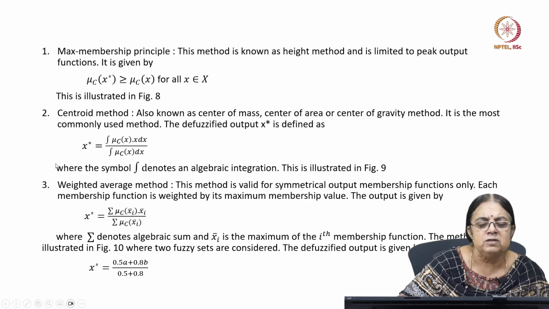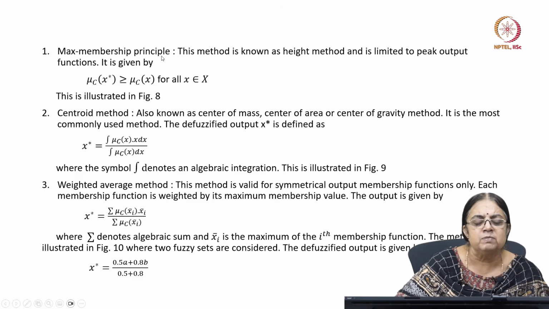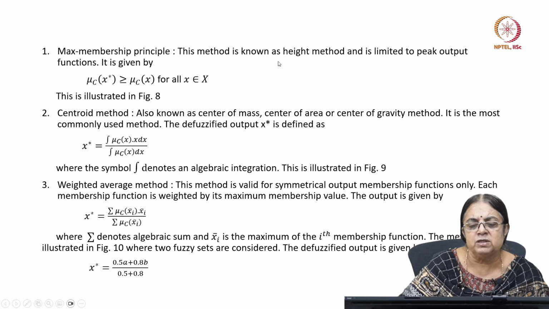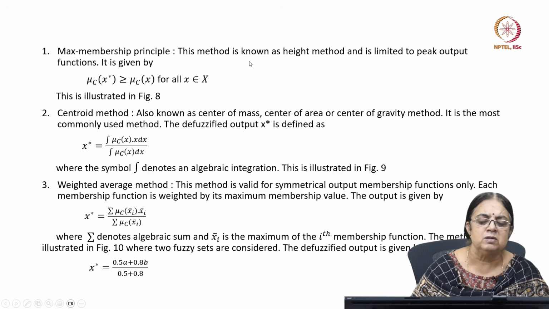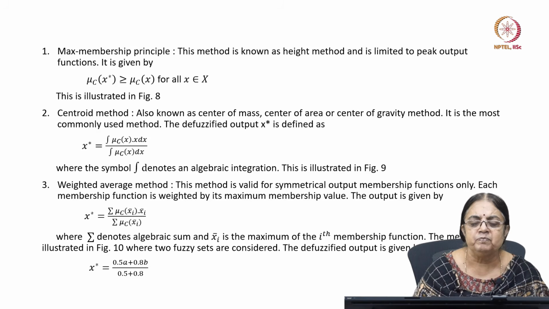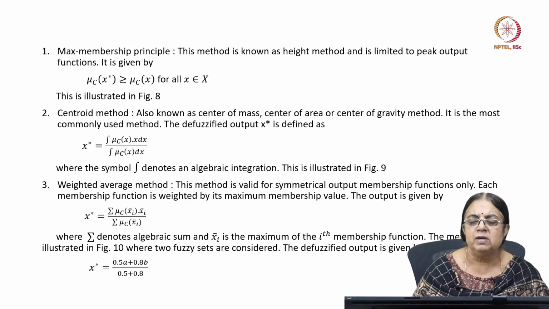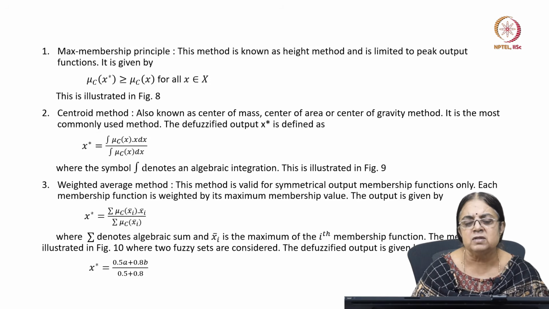The first one is called the max membership principle. What you have to do is look at the height of your membership value. For the membership function that you have with the continuous membership value, you have to find the peak output, in other words, the value which has the highest membership value.